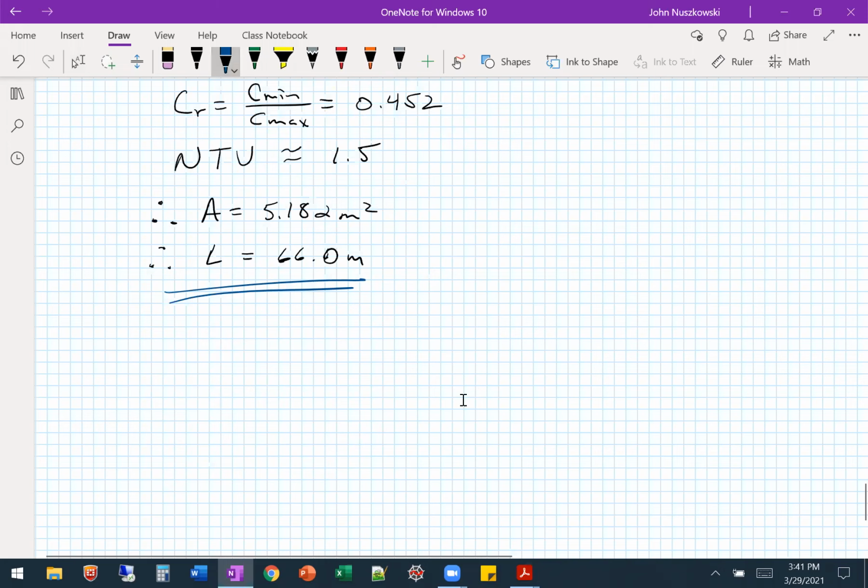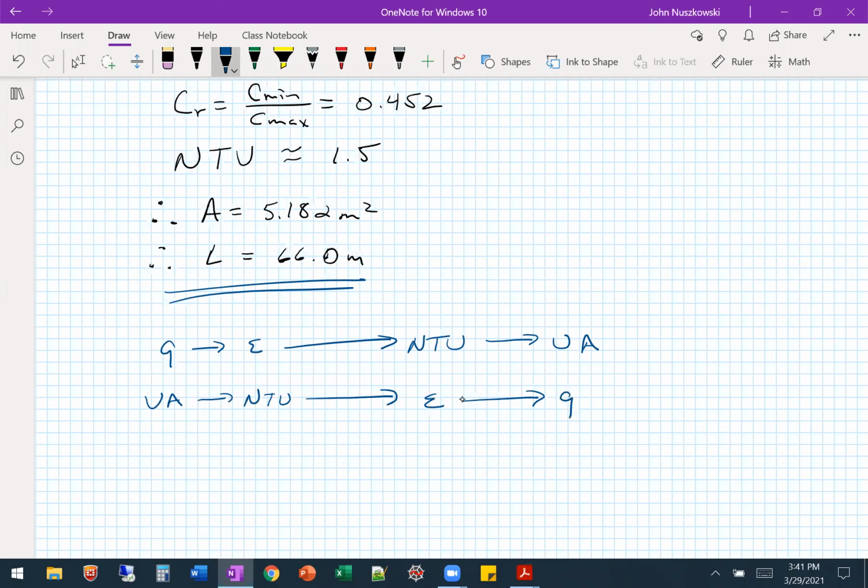So in this problem, we went from Q to effectiveness to our NTU from those tables of equations or figures to our U times A, right? But you can also go from UA to NTU to effectiveness to heat, right?